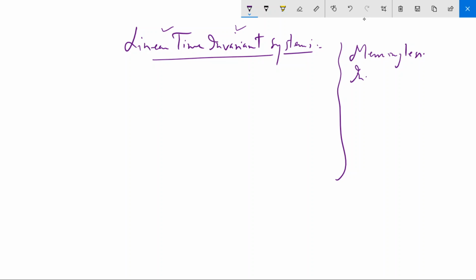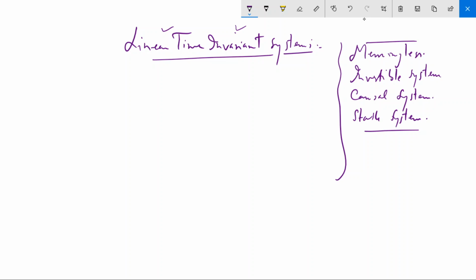Then we have studied what is an invertible system, then what is a causal system, and then a stable system. Again, then linear system and time invariant system. Of course, these two properties are included here in LTI systems.